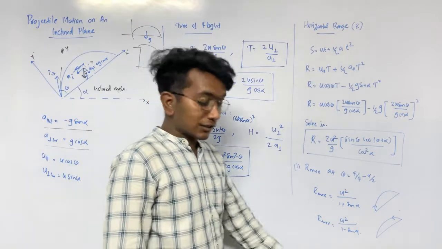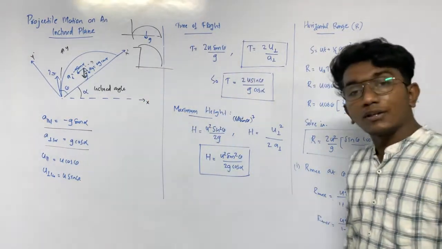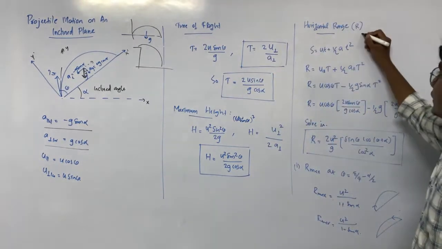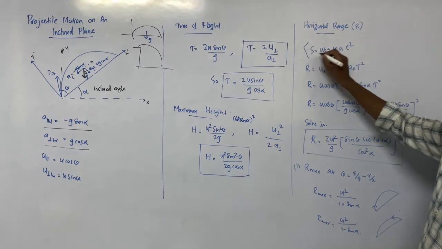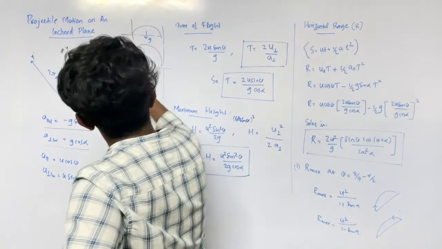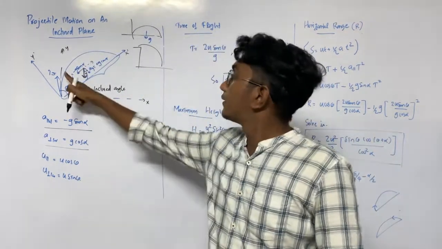But there is a small problem. When you consider horizontal range, you cannot take this. Look at this: for the range you consider s is equal to ut plus half a t square. I just want this distance, the distance travelled parallel to the plane by the projectile.